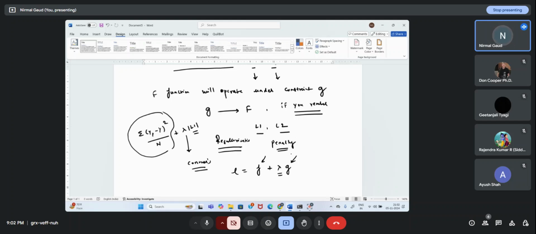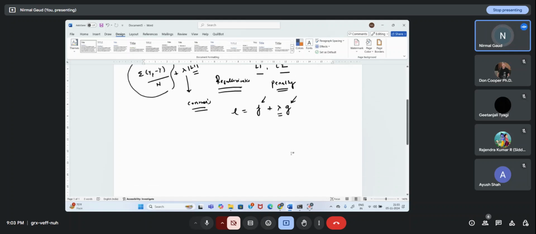Let us assume that g is a penalty or a constraint. Whatever you have to work over the margin, this is your margin. Okay, I need to minimize this thing. Do perform minimization, this will maximize margin.